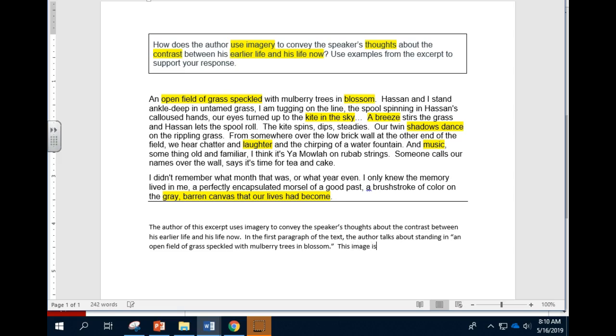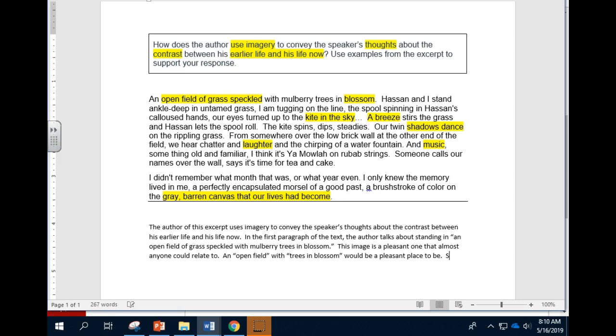I'm going to explain what makes that pleasant. This image is a pleasant one that almost anyone could relate to. "An open field," oops, I need quotation marks again, "an open field with trees in blossom" would be a pleasant place to be.